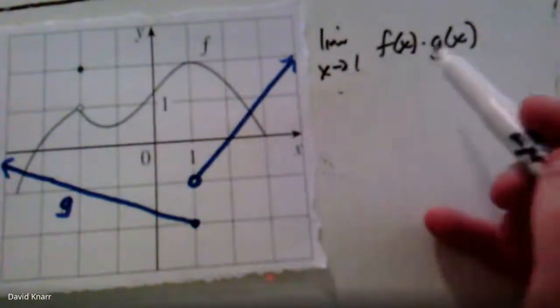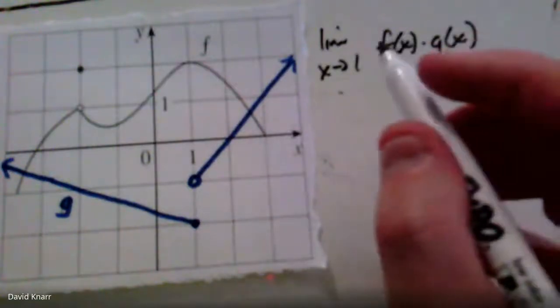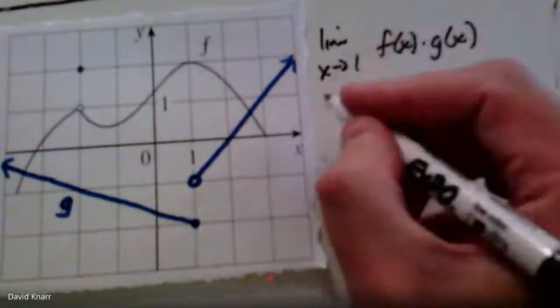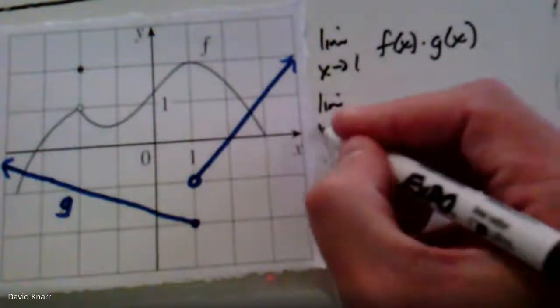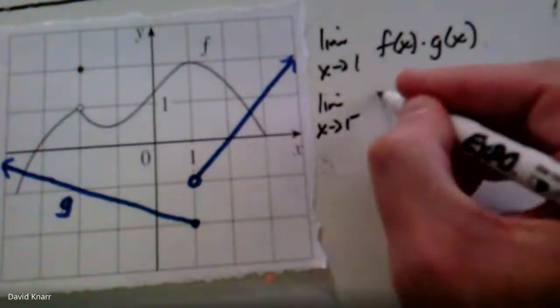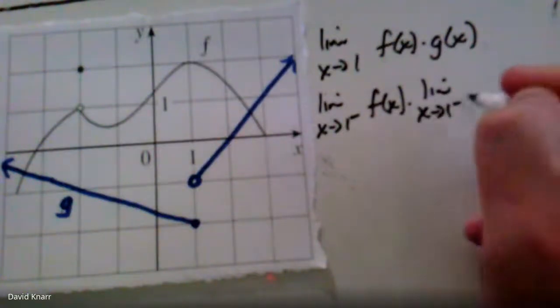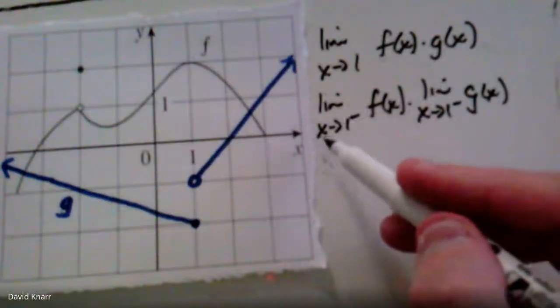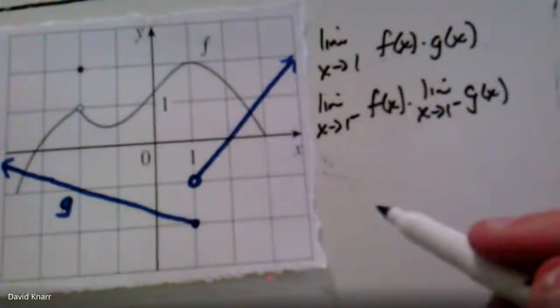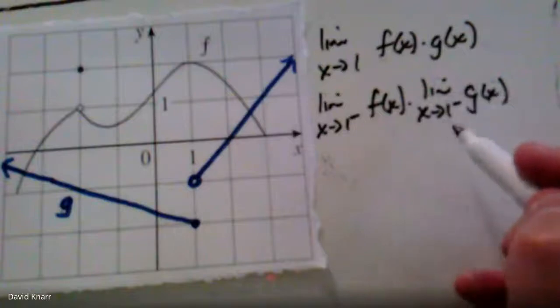But if I want the limit as x goes to 1 of f of x times g of x, to figure out what that limit is, I could do this. Could I find the limit as x goes to 1 from the left of f of x and multiply by the limit as x goes to 1 from the left of g of x?